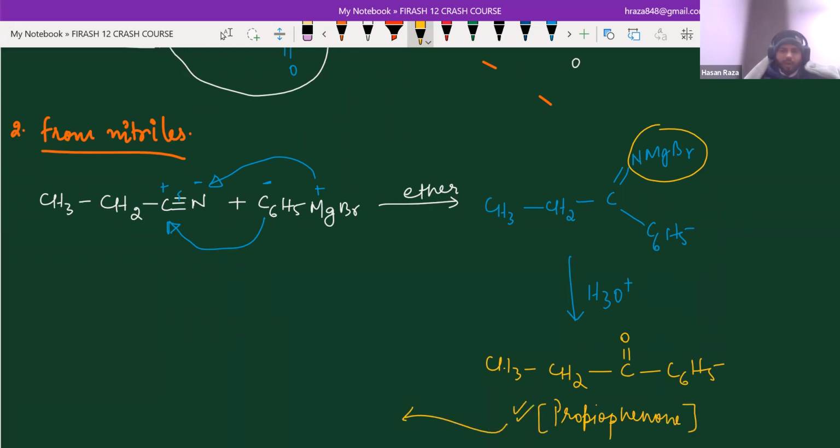If you want to write the IUPAC name, you can see this is your benzene, which is connected like this: C double bond O, then CH2, then CH3. So you can easily write the IUPAC name: 1-phenylpropanone.